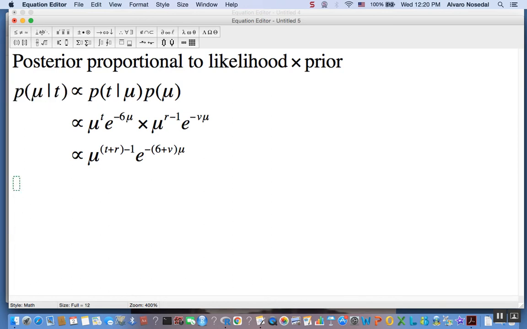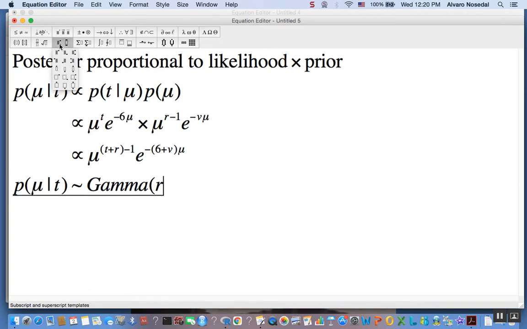So your posterior distribution is a gamma with parameters r star. The new r is the old r plus t. Makes sense? Or t plus r, it's the same. And then the new v star is the old v plus 6.